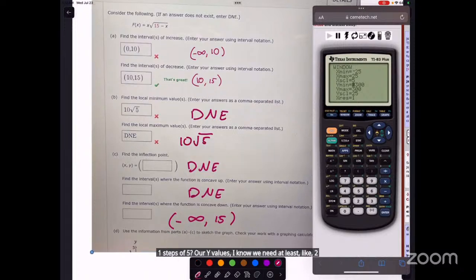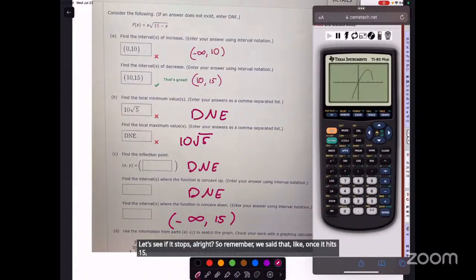Let's go 30, in steps of 3. Let's see, it stops, right? So remember, we said that once it hits 15, it stops. Now let's confirm.